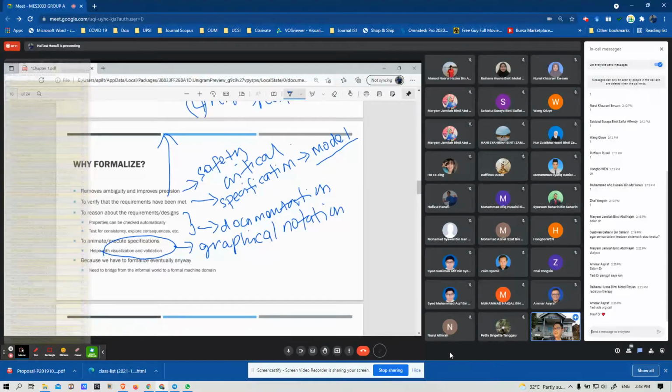And then lastly, we have to formalize eventually anyway, because of the bridge from the informal world to the formal machine domain, from unknown modeling to known modeling that can be understood by humans. The informal world and the formal machine domain are very hard to understand, so we need to translate.